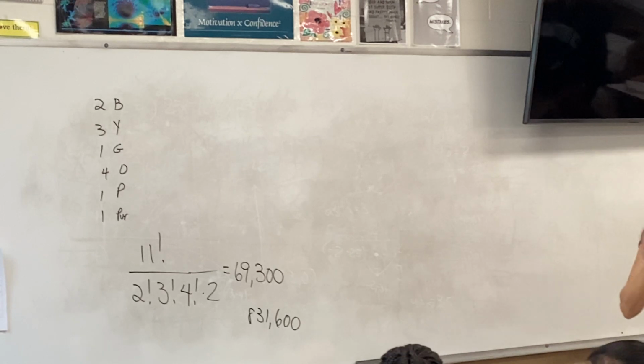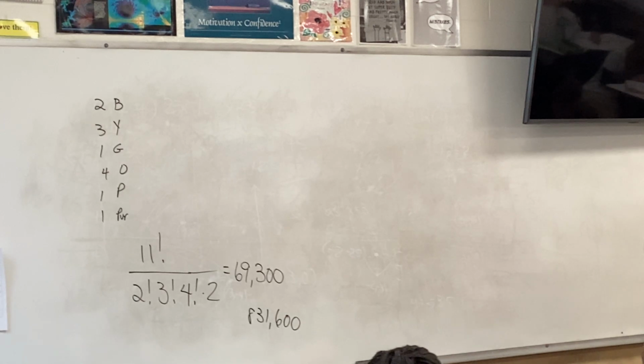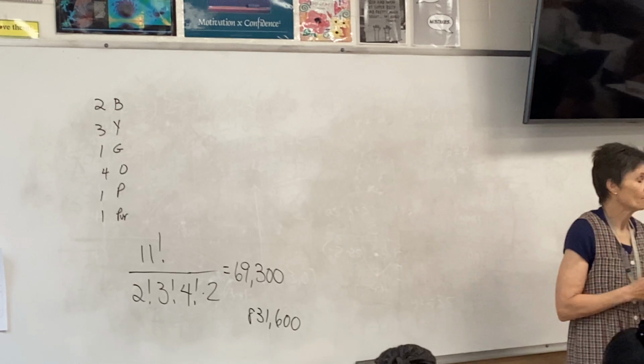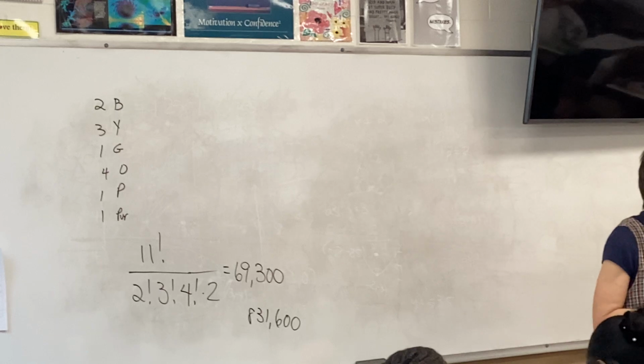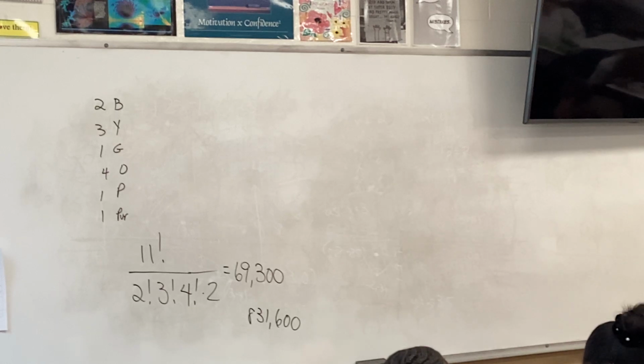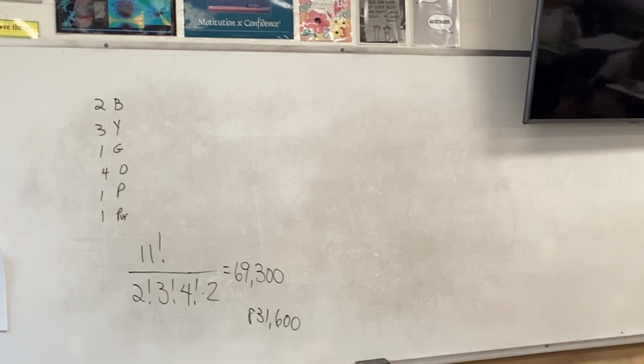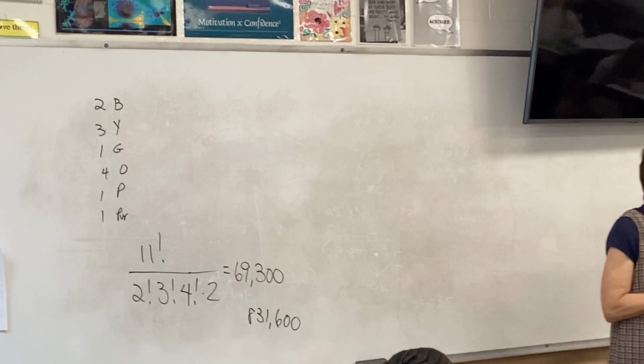And how many ways can 12 people sit in a row? 12 factorial. Easy. But this is like a date. So they want to sit by their date. Okay? So if Peter and I go to the movie, we want to sit together. Right? Yeah. Okay. So how does that change things?